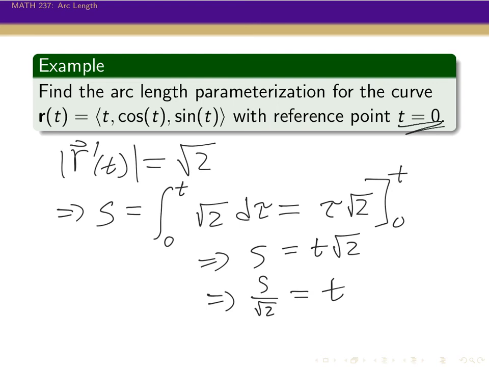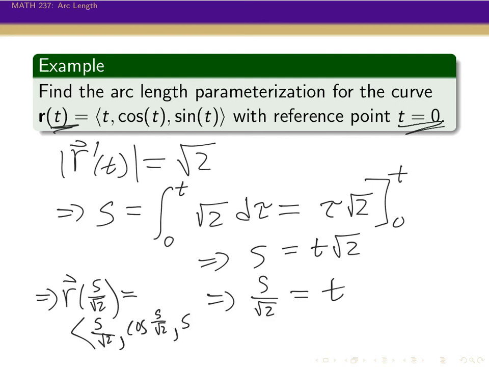And this means that the arc length parameterization is going to be plugging s over square root of 2 in for t up here. So that's just going to be s over square root of 2 times cosine of s over square root of 2, sine of s over square root of 2. And there you have it. Okay.